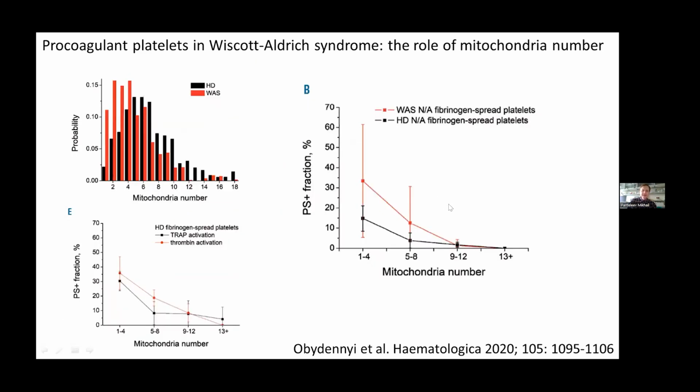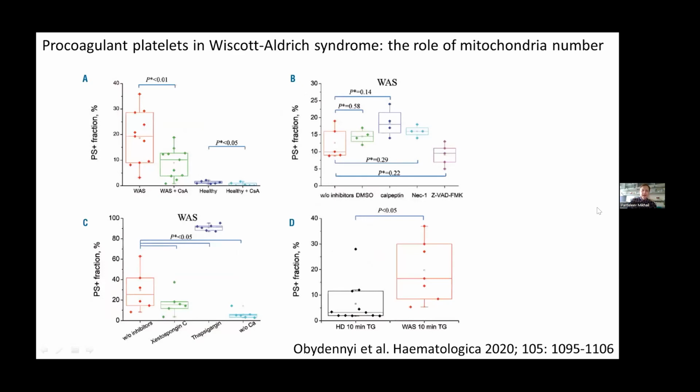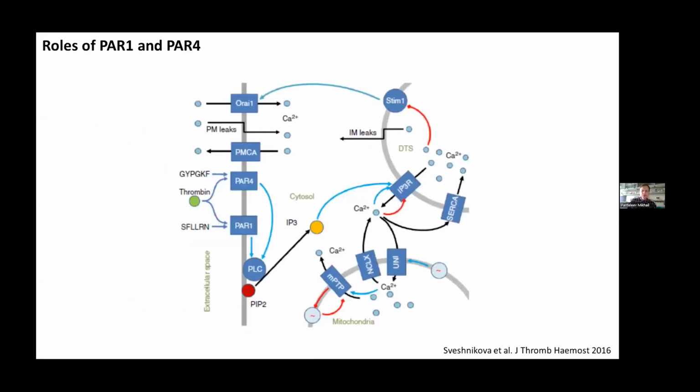And very interestingly, the experiments confirmed that platelets in Wiskott-Aldrich syndrome undergo programmed cell death more readily if they have fewer mitochondria. And we also confirmed using cyclosporin A that this cell death is prevented by blocking the mitochondrial permeability transition pore.